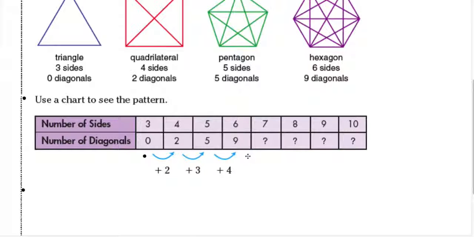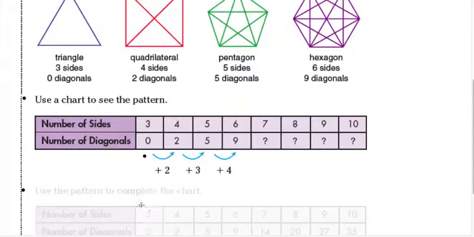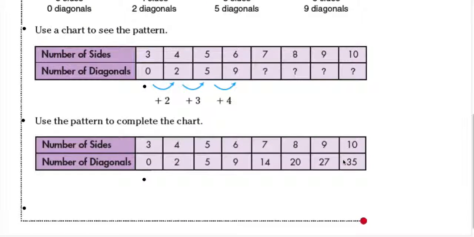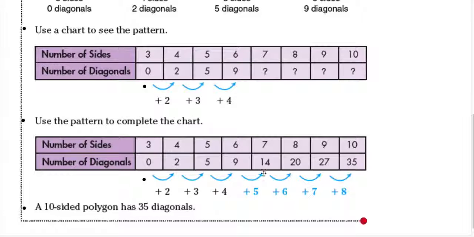So what's going to happen next is that you add 4, and then you add 5. So a heptagon has 14 diagonals. An octagon has 20 diagonals, and so on and so forth, all the way to a decagon, which has 35 diagonals. So a 10-sided polygon has 35 diagonals by using the chart.